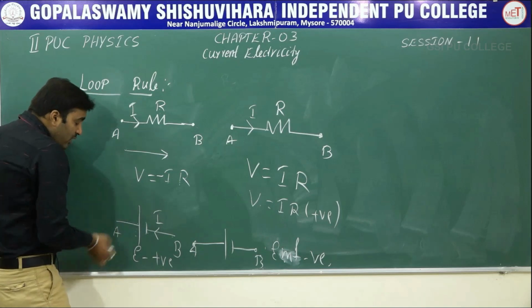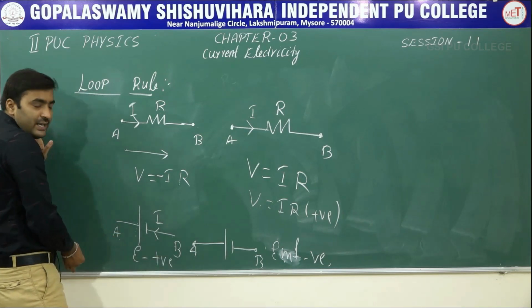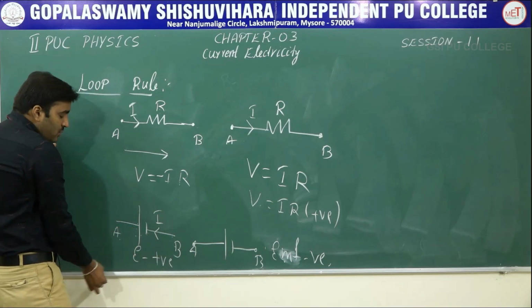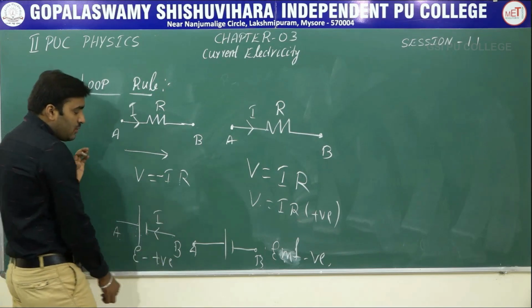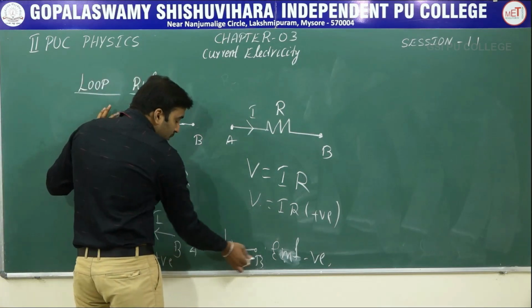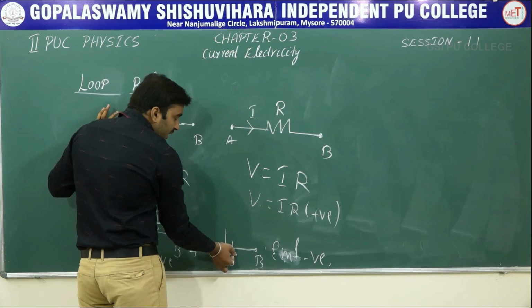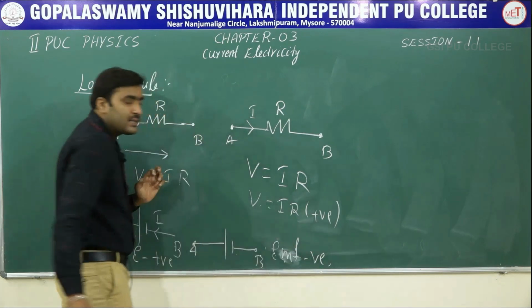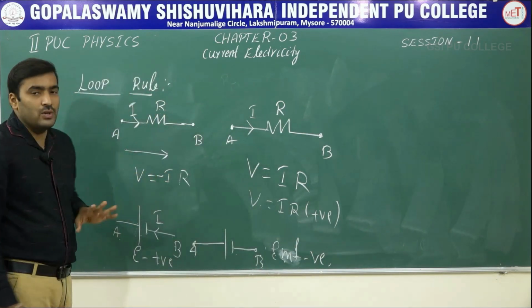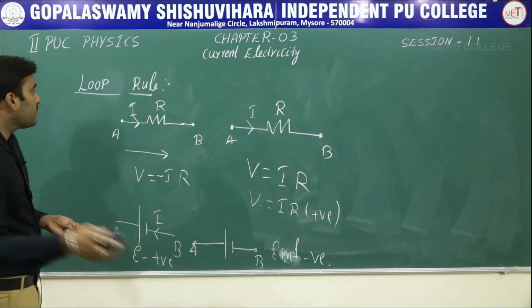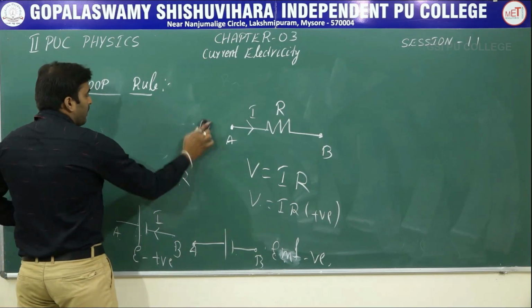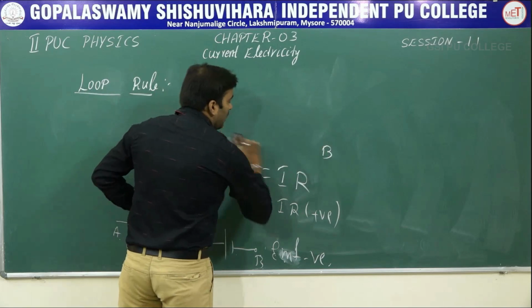Next, when we are moving from B to A in a cell, that is from negative to positive, EMF is considered as positive. When we are moving from A to B, that is from positive to negative, EMF is taken as negative. These are the sign conventions. So using this, let us understand the loop rule.